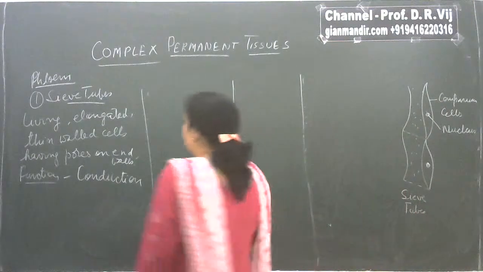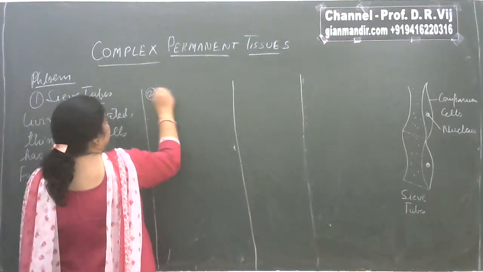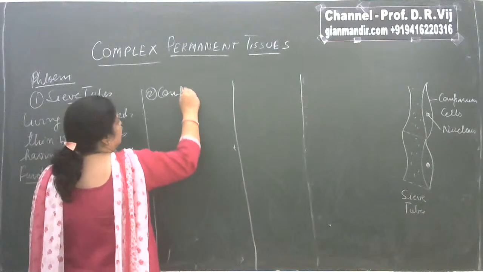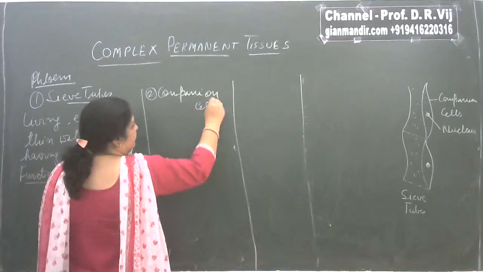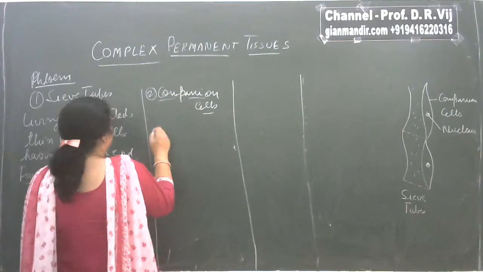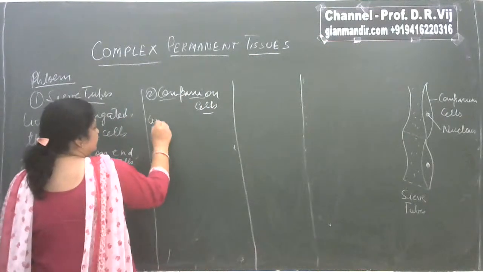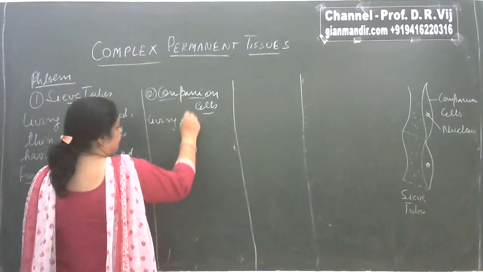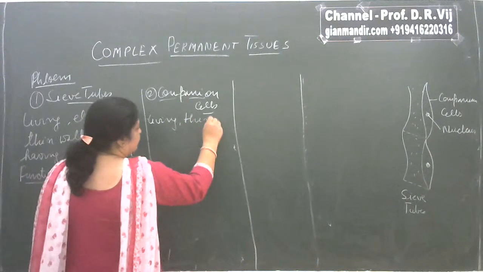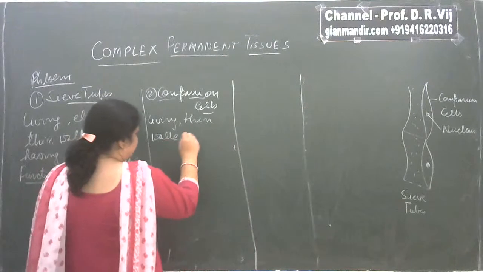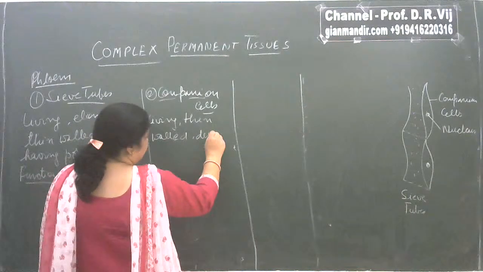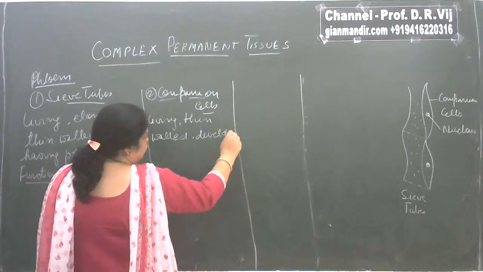so the second component of phloem is companion cells. These are also living, thin-walled, having developed nucleus.